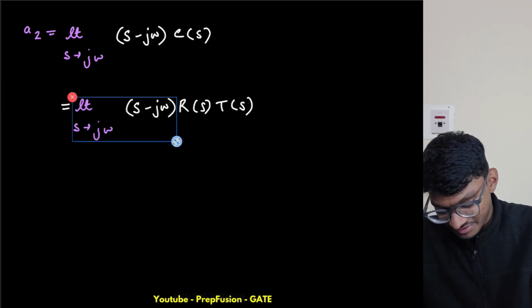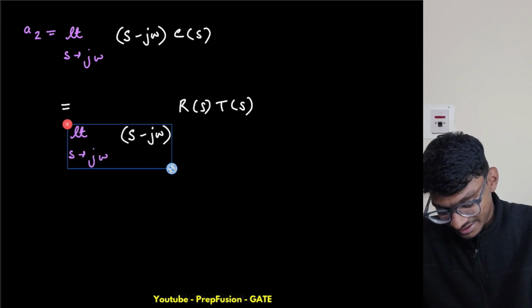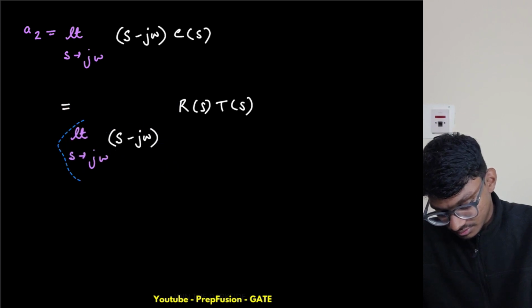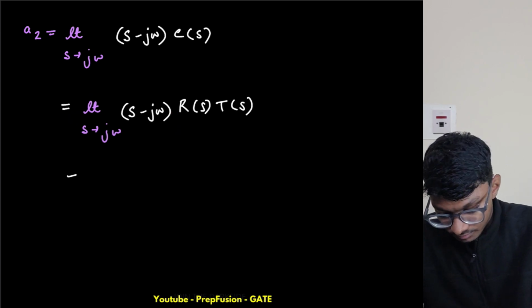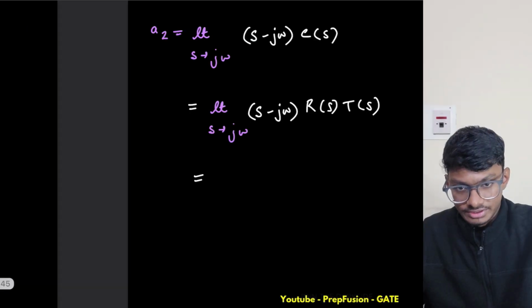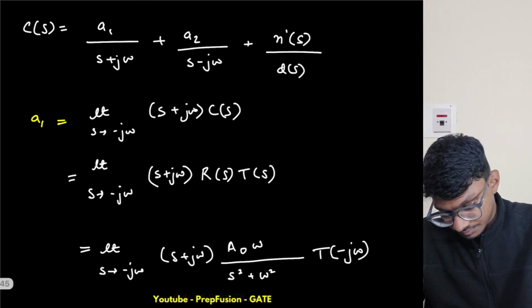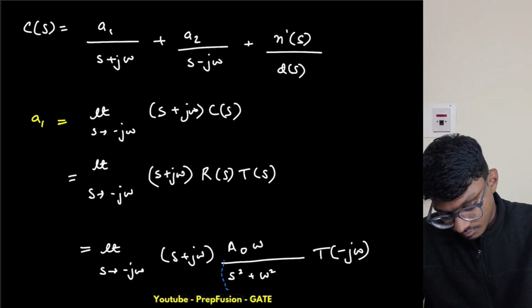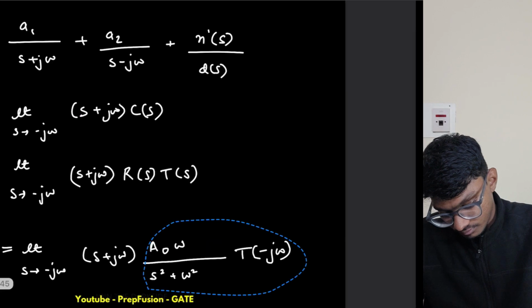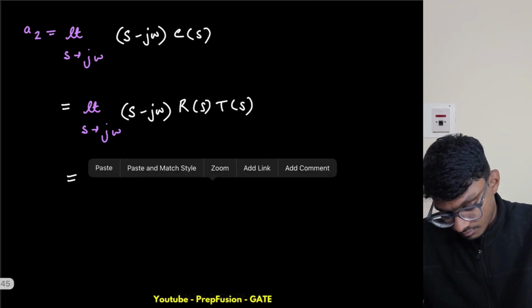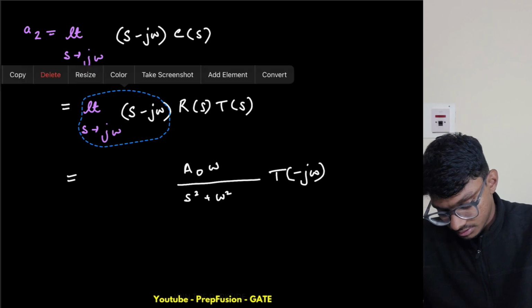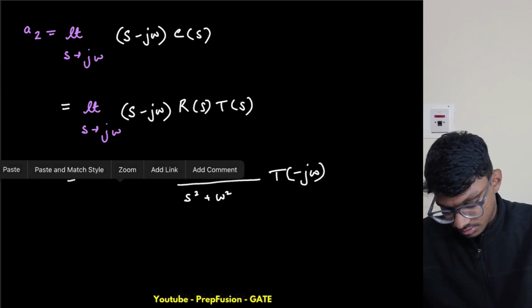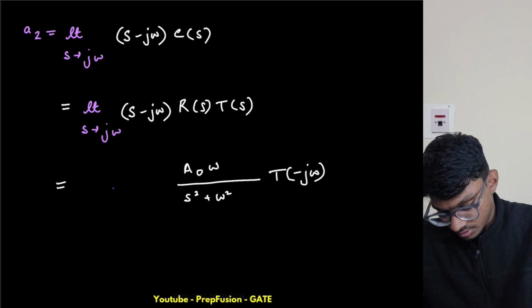I'm just copy pasting, not even writing. Sorry for that. This one is here only, right? And now you replace r of s with this one, and this is still here. Let me get this over here.